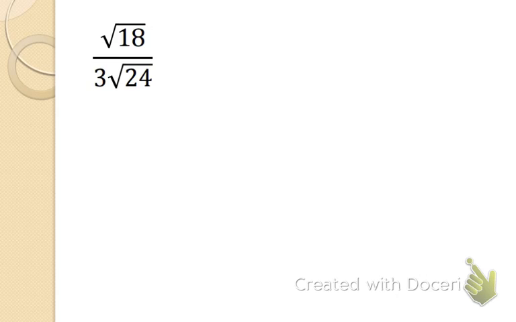Next one, square root of 18 divided by 3 square root of 24. This one is going to be a little different. What I'm going to do in this problem is use the quotient property of square roots, but the vice versa way.